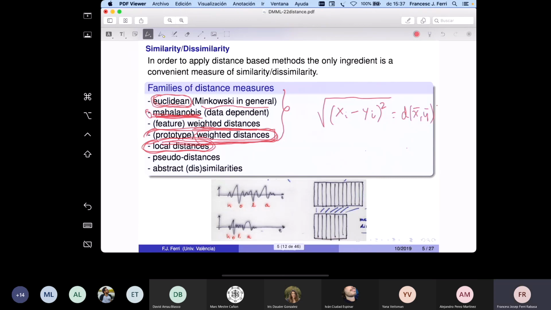Isn't it? Or written in another way. Oops, well, there's something missing here, isn't it?